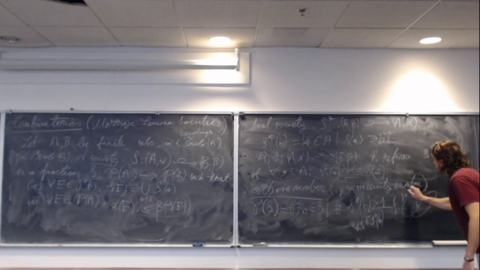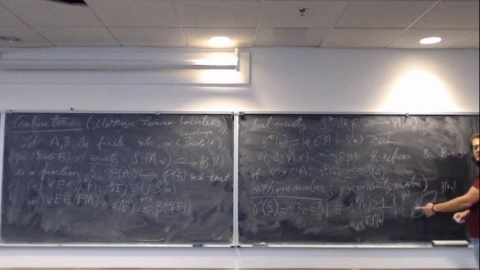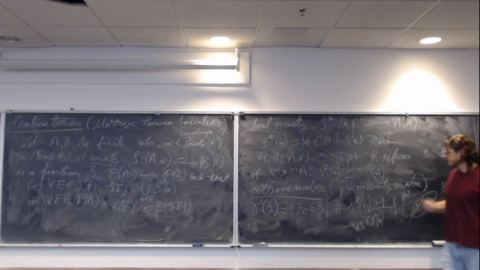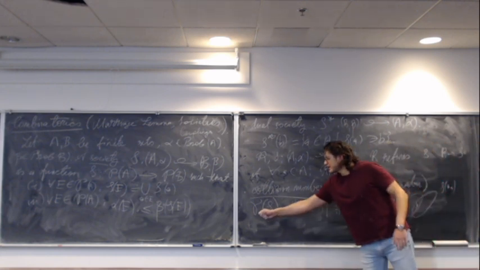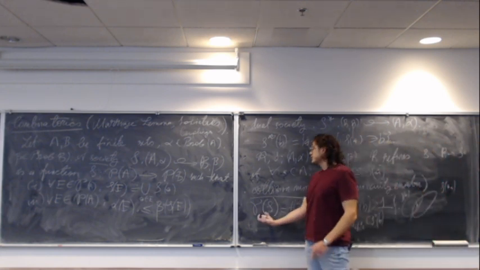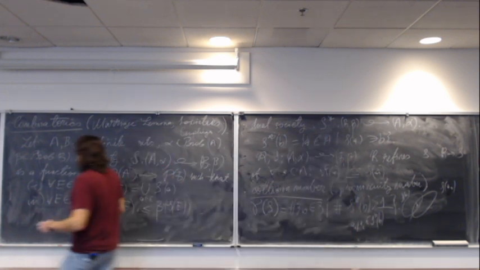So this is S of A1, this is A2. In a sense, this subset collides with this subset, at least here. So that's why I call it the collision number. And the marriage lemma is telling you something about being able to refine societies in such a way that this becomes nice.